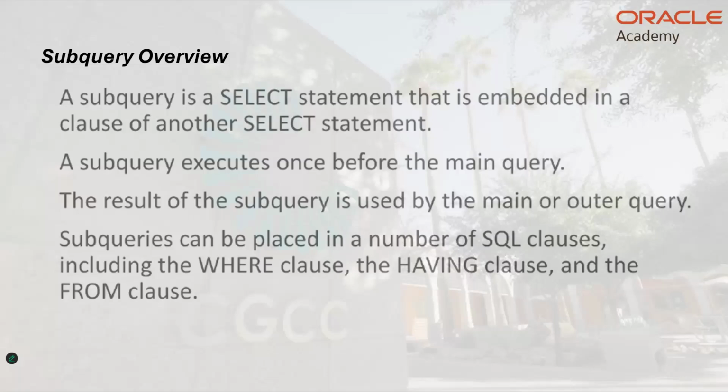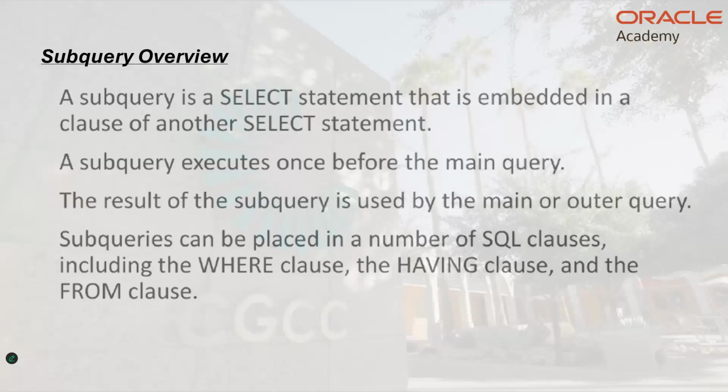A subquery executes once before the main query. I will give you a heads up or a hint: when you're writing subqueries, before you put the query together, make sure you can run that inner query. And then in SQL Developer, you can actually highlight the inner query and run it.